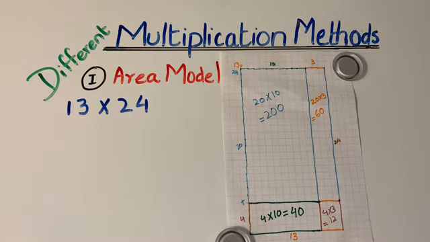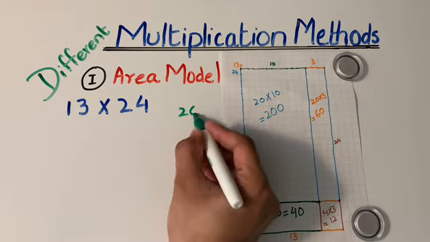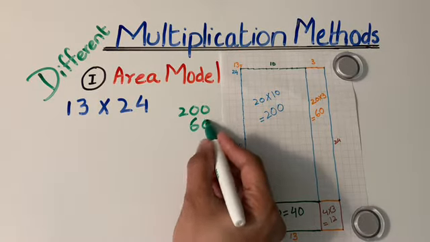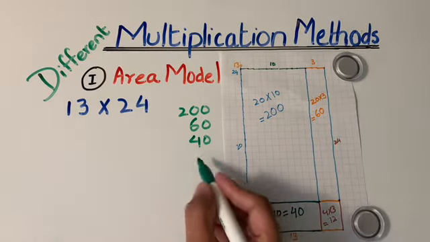Now we have calculated the area of all 4 sections, and when we combine them, we get the area of this whole rectangle. Let's combine the areas of all these 4 sections. So the first section gives us the area of 200, 60, 40, and 12.